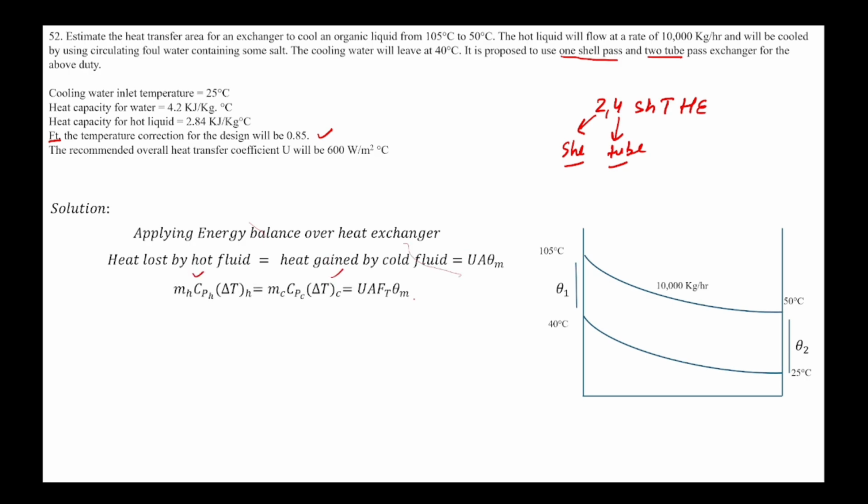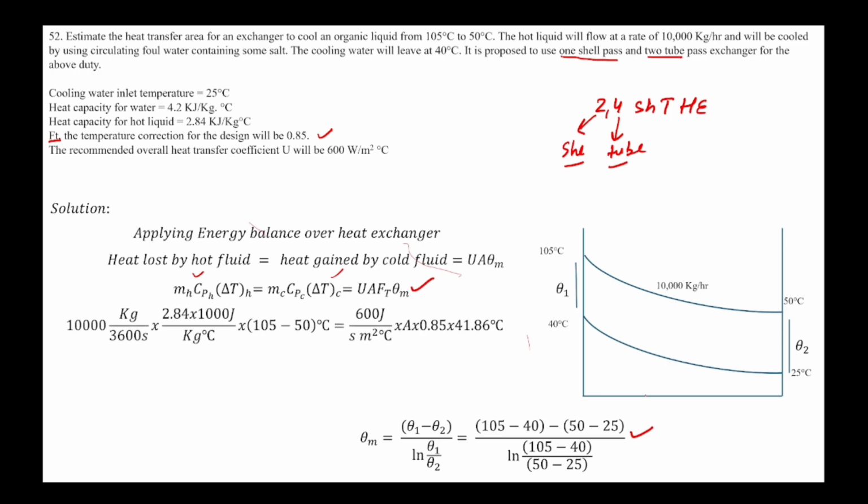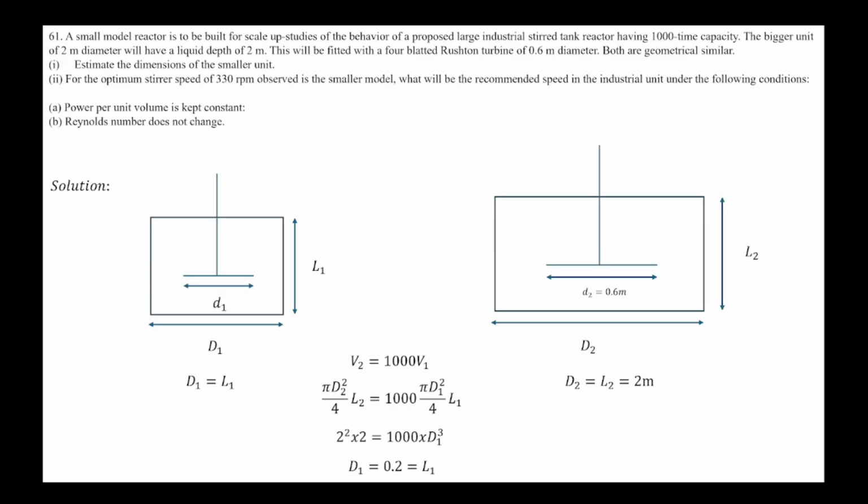With the correction factor, the formula results like this: just Ft will be multiplied in this. Putting all the values, we will find θm, and we will get the answer. This is a straightforward question. The answer is 20.33 meters squared. Switching over to the next question.